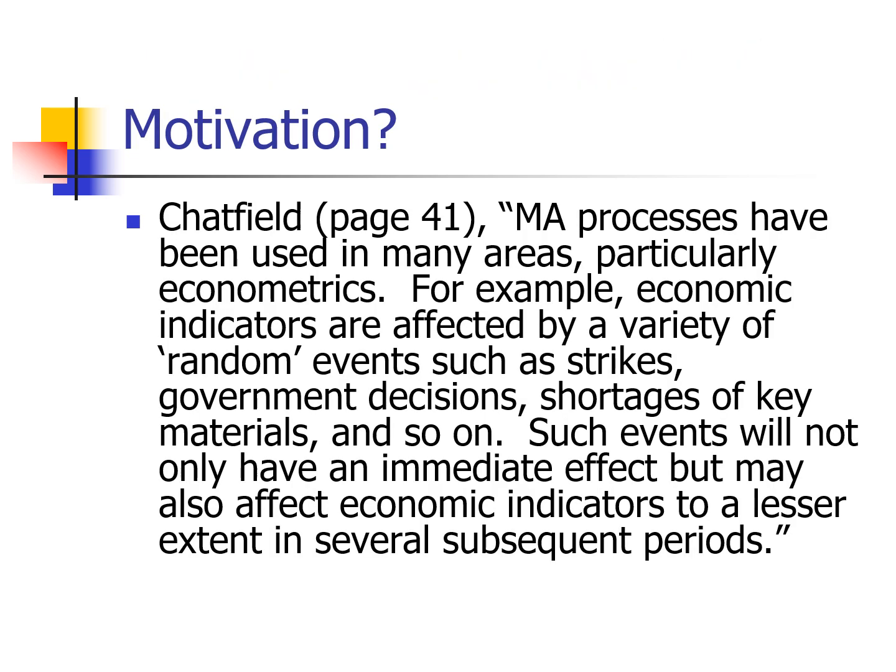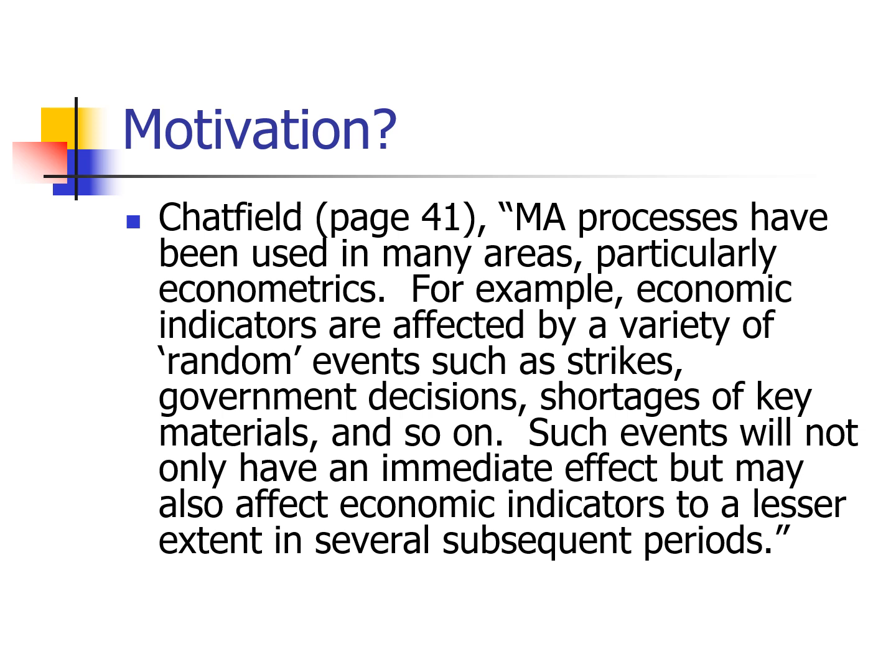Here's a nice little quote. Chatfield's a big name in the time series field. He writes a lot of books. I think actually R is maybe his preferred programming language when it comes to time series. But he writes, moving average processes have been used in many areas, particularly econometrics. For example, economic indicators are affected by a variety of random events.